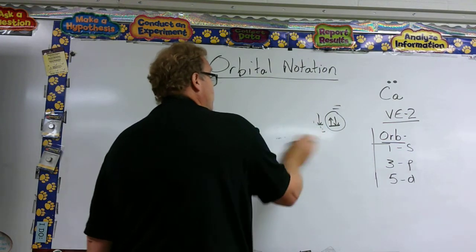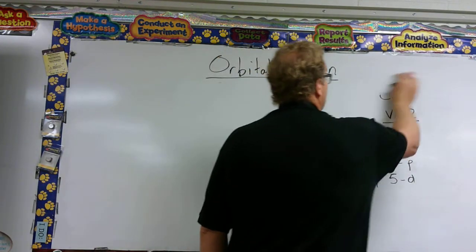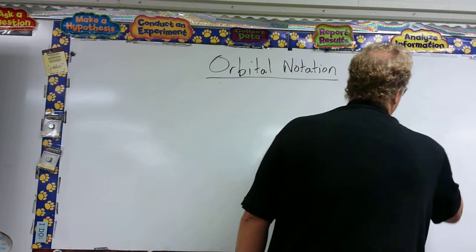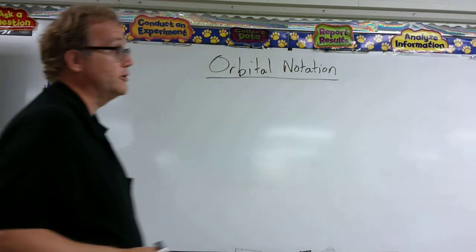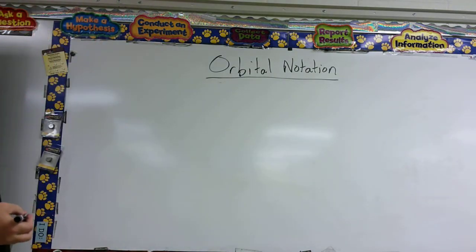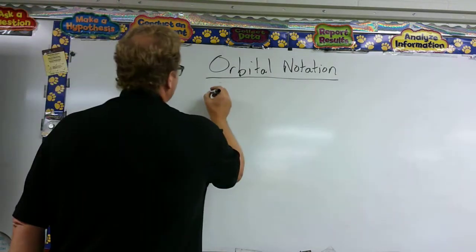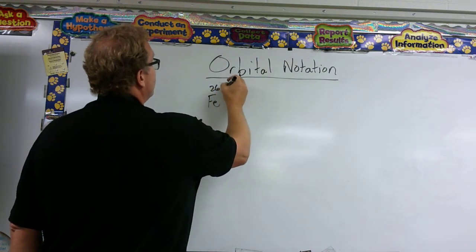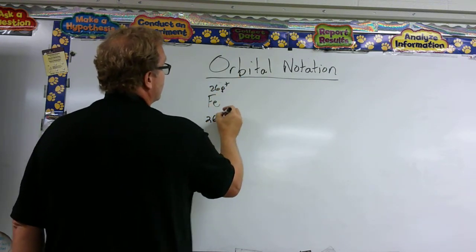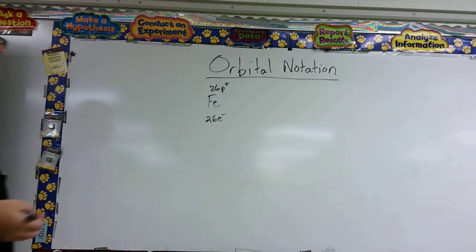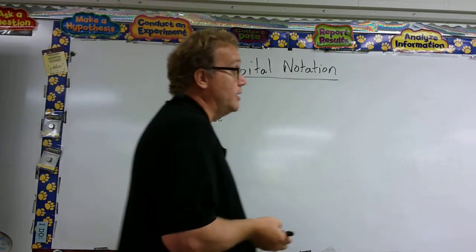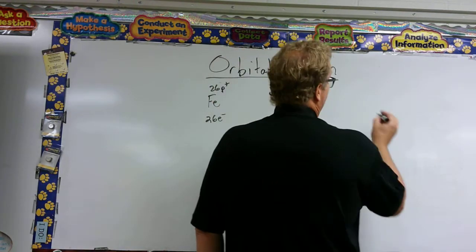Actually, I like doing manganese, but it'll actually show you that an orbital can hold 1 electron. So let's go ahead and do Fe. Fe is number 26, 26 protons, 26 electrons. It is a neutral atom. Again, we're still doing neutral atoms. My last one for Fe is going to be 3d6.